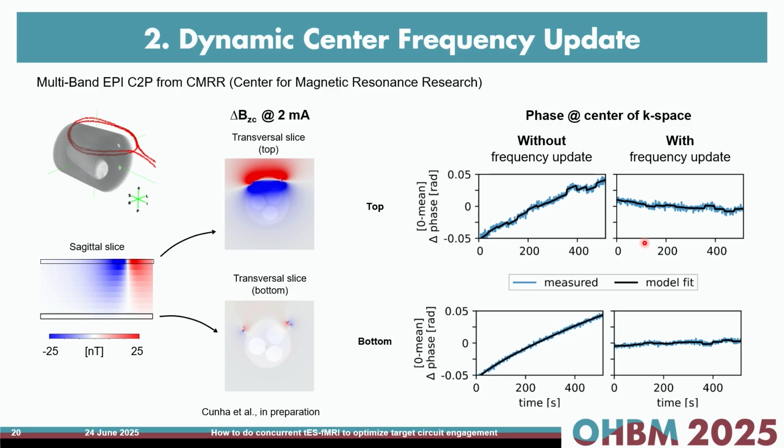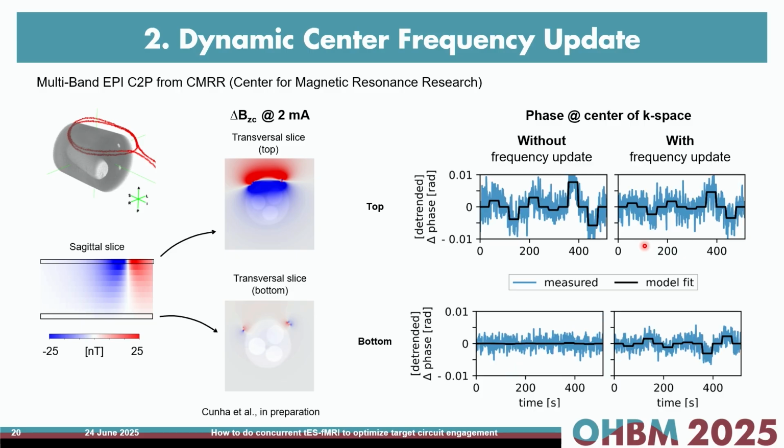The problem is, and I will detrend this series to highlight it better, that here, when the frequency update was on, we are looking at the bottom slice, and there are almost no magnetic fields there. So why would there be the current injection scheme clearly represented in here?